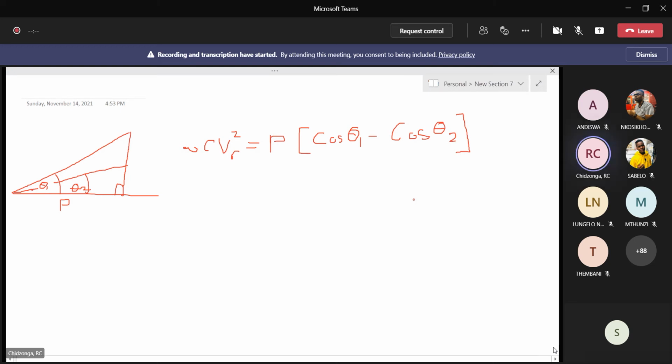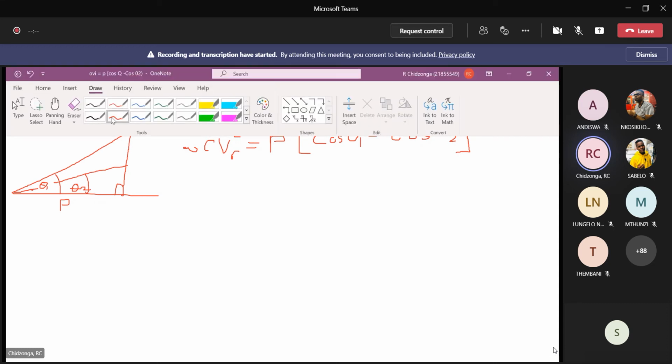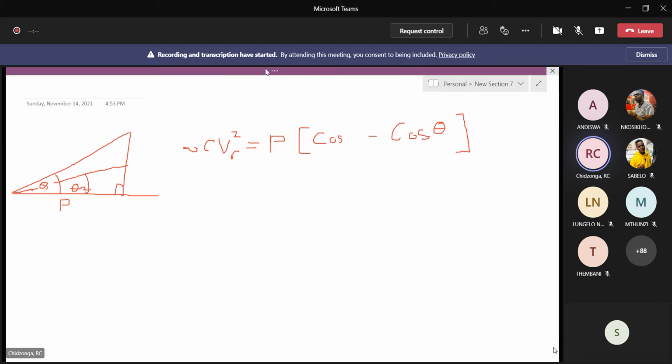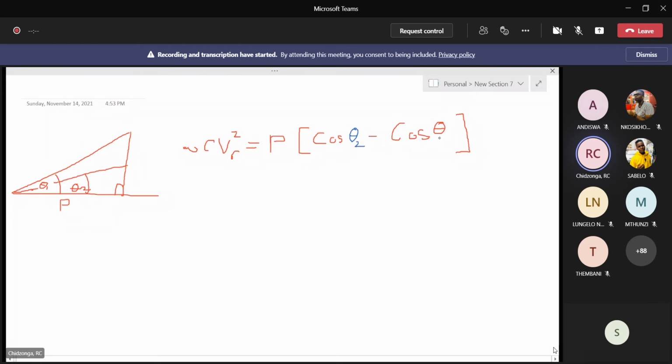No, wait a minute. It should be θ2, right? Let me correct that. It's cos θ2 minus cos θ1.